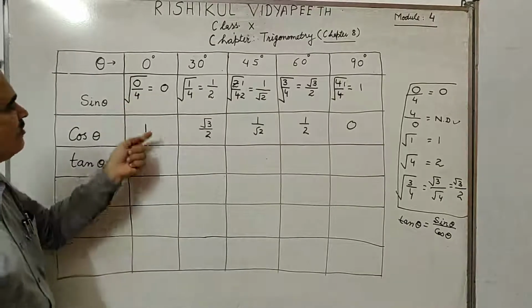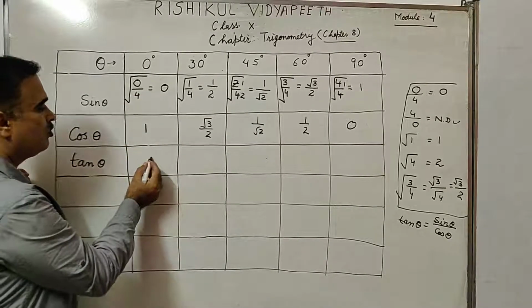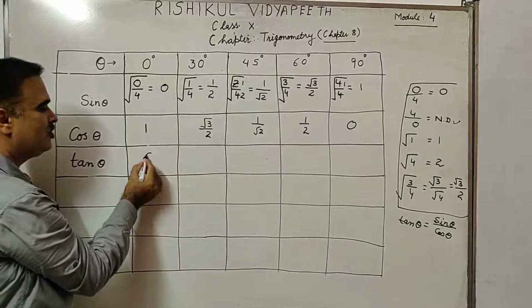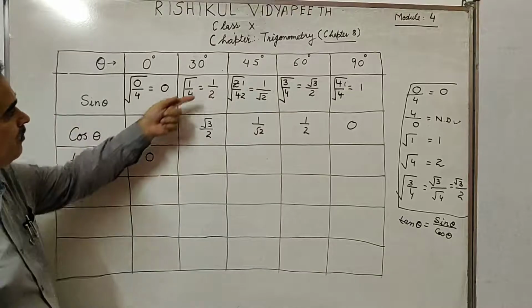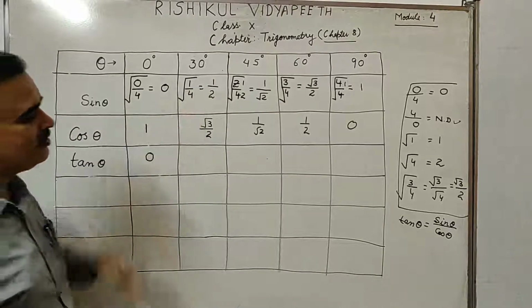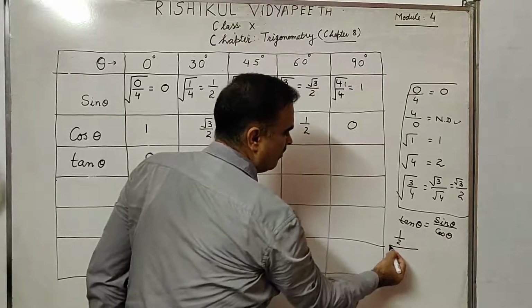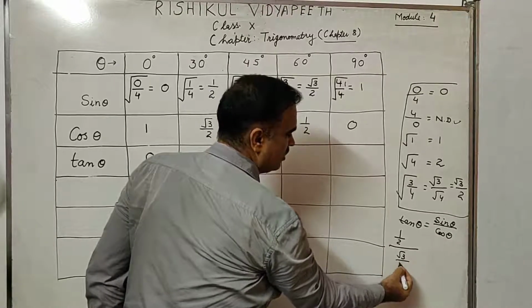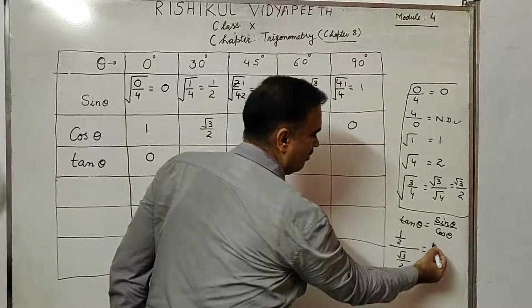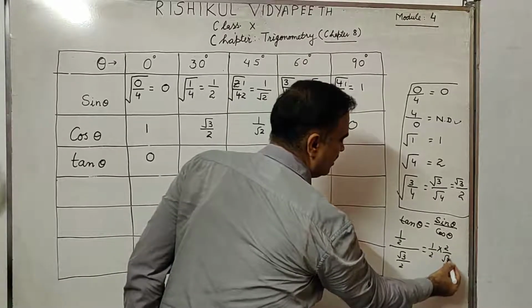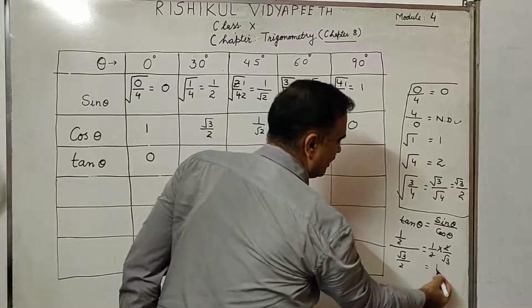If 0 is divided by 1, it equals 0. I told you, if 0 is divided by any number, it gives 0. Now, 1 by 2 is divided by root 3 by 2. What is this now? 1 by 2 into 2 divided by root 3. The 2s cancel out. It is 1 by root 3.